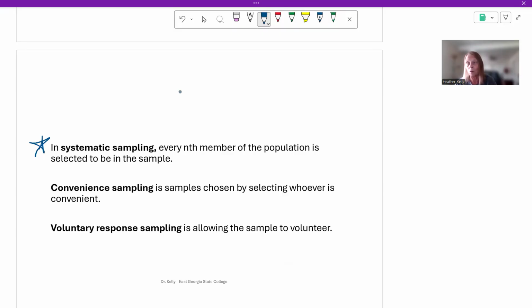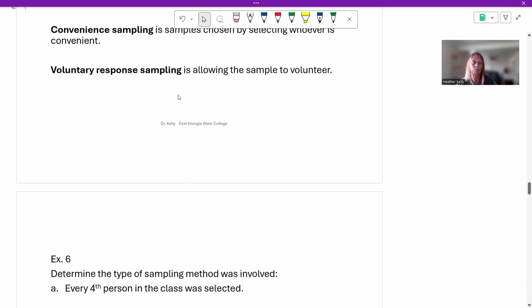We send out course evaluations for your instructors at the end of the semester. It's done by a company called IOTA, and they come to you through email. I don't get to see them. None of our instructors get to see them, and you get to answer questions. That is voluntary response sampling. In other words, we can't count the people that don't respond, therefore we're only taking samples of those that do respond.